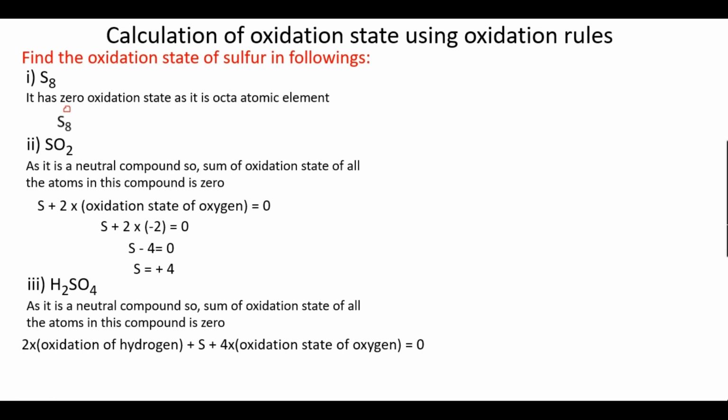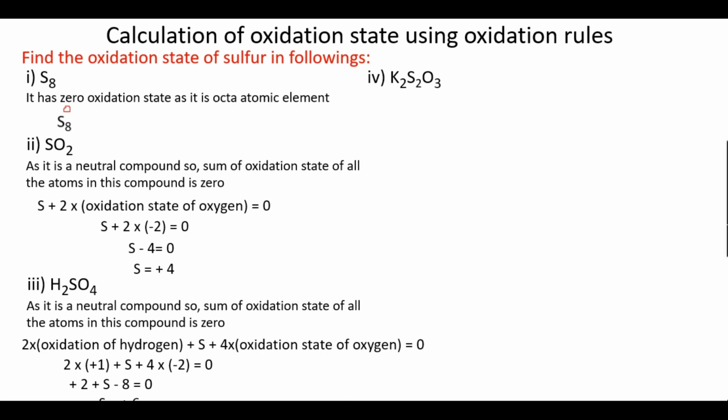Sulfur we are going to find, so we put it as S, or even X, unknown. While we have 4 oxygen atoms, the oxidation state of oxygen is always minus 2 unless it is hydrogen peroxide, and the sum of all is 0. So putting in the values and then calculating, the final answer shows that the oxidation state of sulfur is plus 6. You may not see that value, but remember that when you solve this, the oxidation state of sulfur will be plus 6.